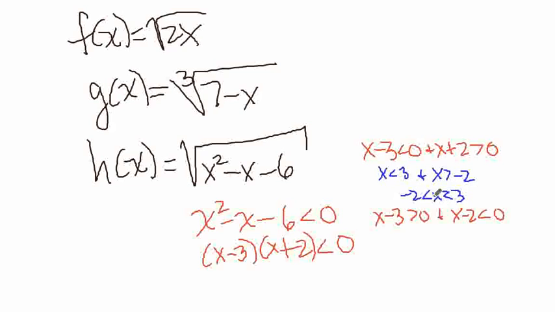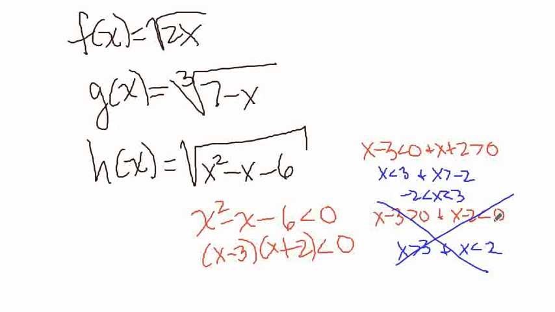That's the first solution. The other one is x is bigger than 3 and x is less than 2. And it's not possible to be bigger than 3 and less than 2, is it? So we have to completely throw out that situation.